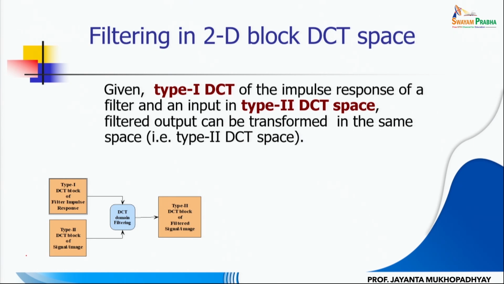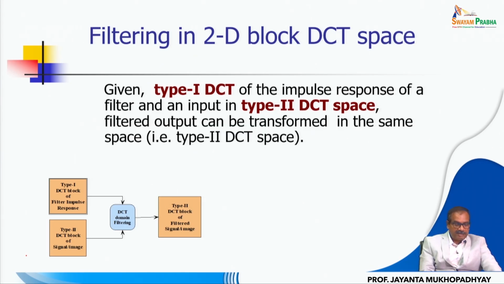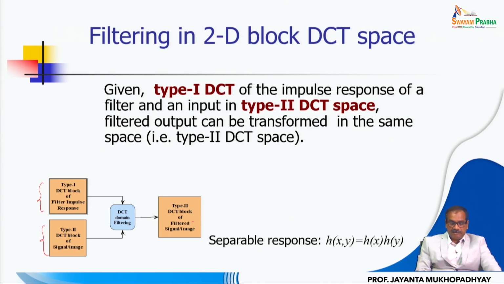And in 2D block DCT also, we apply it the same way: type 1 DCT block of the filter response, then type 2 DCT, and then if I multiply, I get a filtered image. We can use a separable response. I have once again discussed this with respect to one dimension.